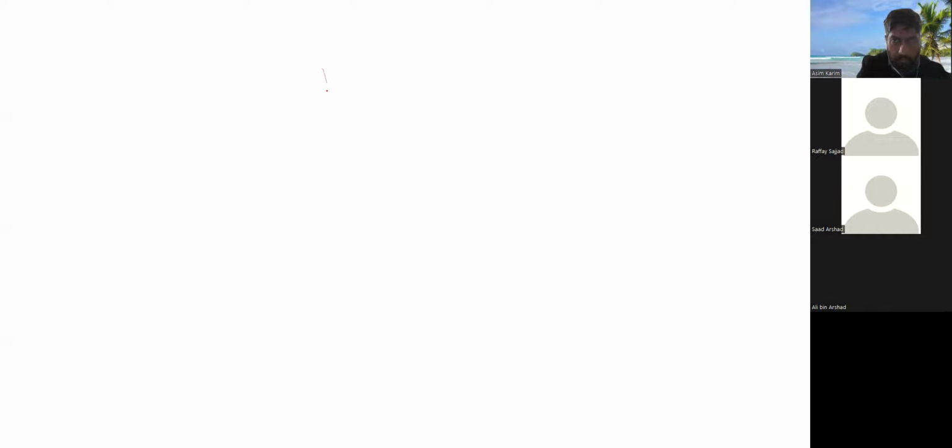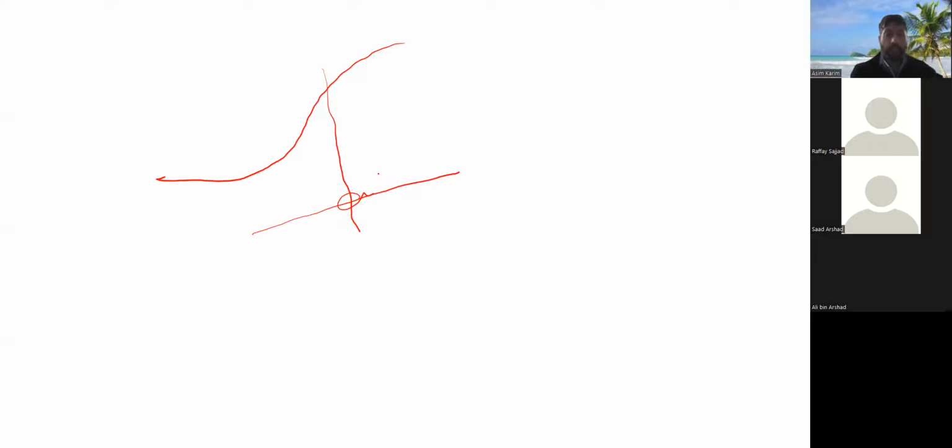The x-axis 0 is here, so it's something like this. From 0 to 1, and this is a here. The x-axis is a, the y-axis is the function value. The function value is half when a is equal to 0.